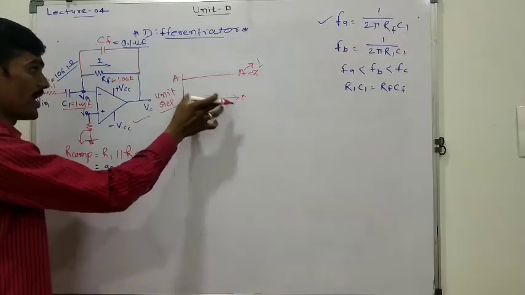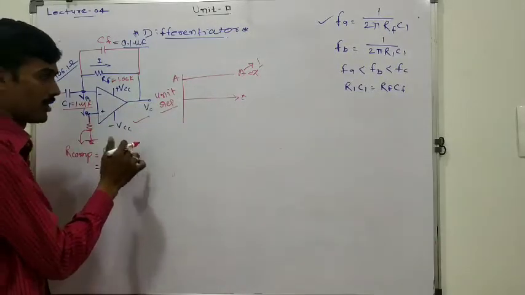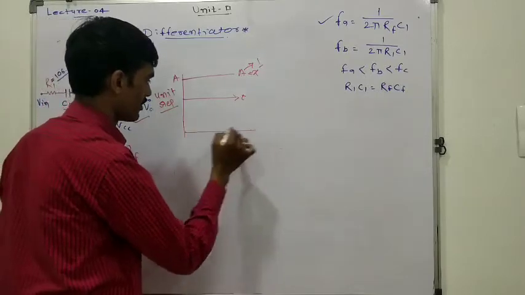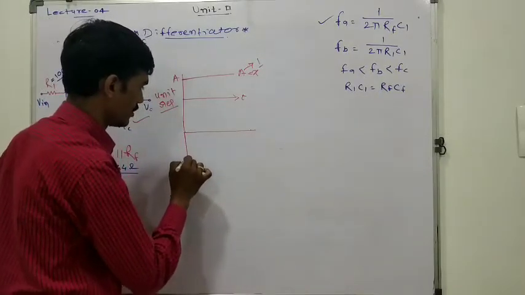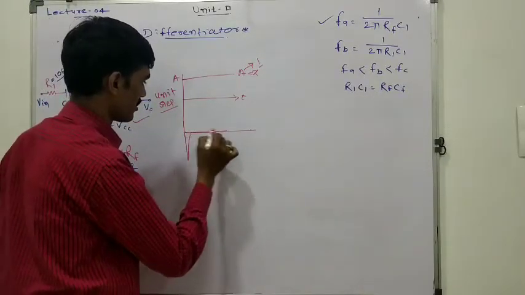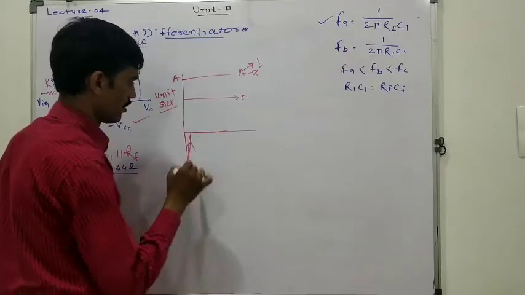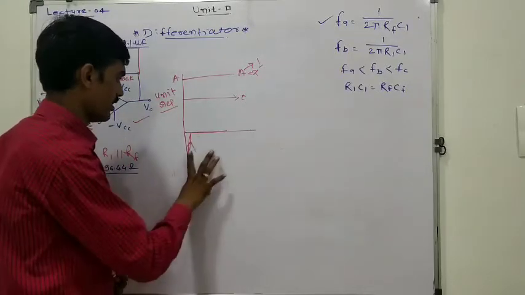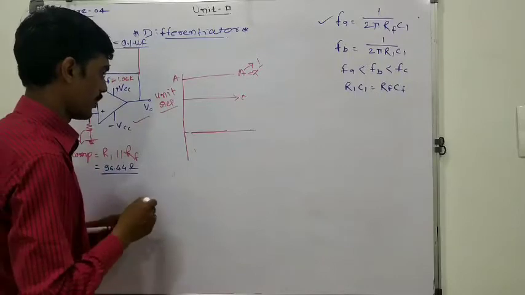So if we provide a unit step as an input, we will get a spike like this.